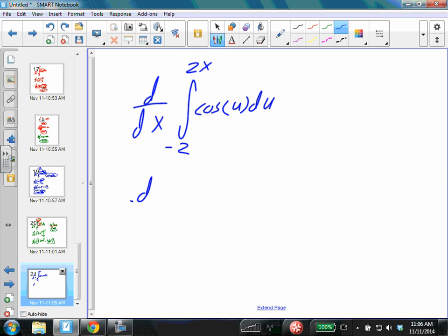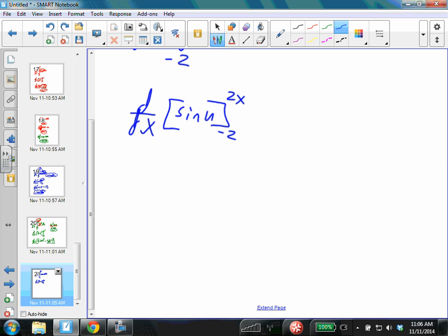Okay, so the derivative of, and then if we take this antiderivative, what's the antiderivative of cosine? So sine u evaluated from -2 to 2x. Sine 2x minus sine -2.